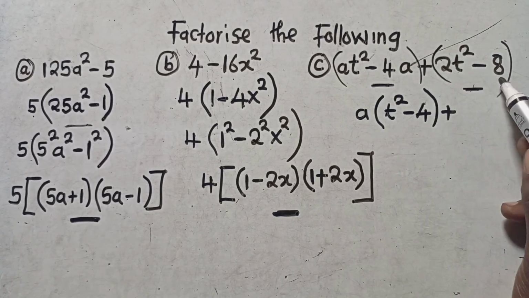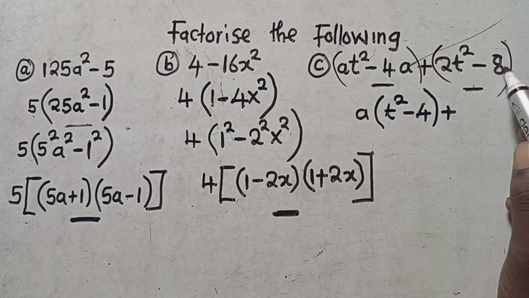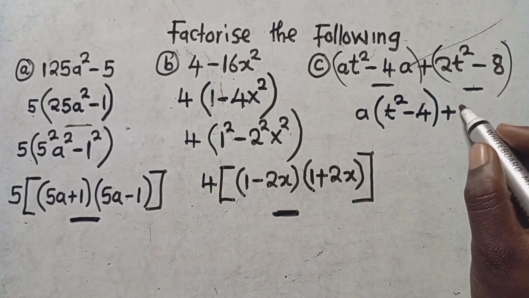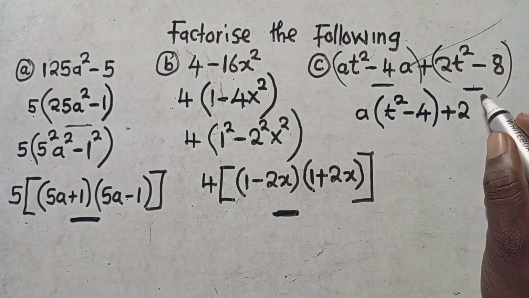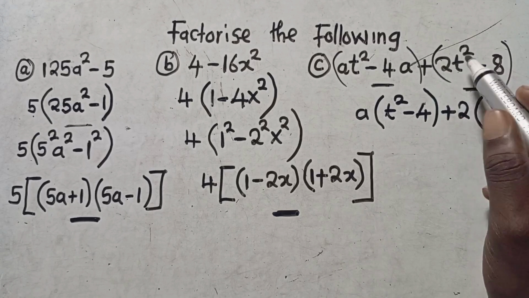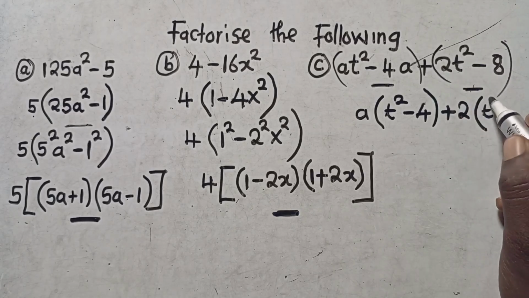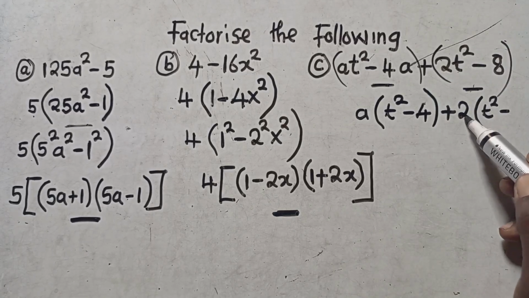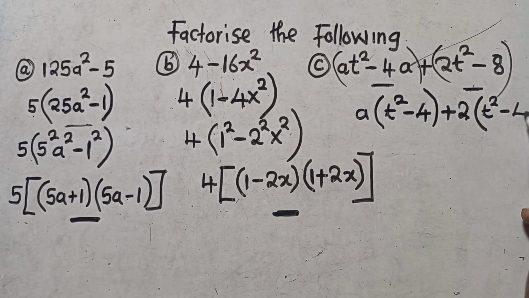Here it's a number. Have you seen? There is no letter there. So 2 can go into 2 and also 8. So you put a 2 there, open brackets. 2 into 2t squared, 2 cancelled, you remain with t squared minus 2 into 8, that is 4.